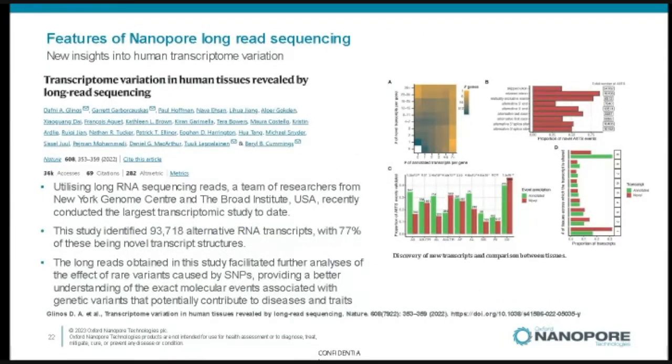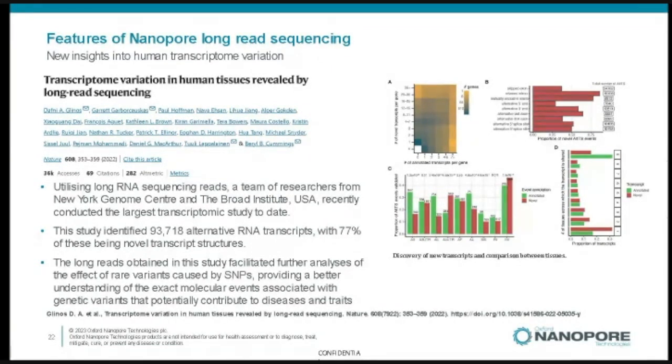So the third work, from Gleanos group, is actually a revisit to the human transcriptome. As we know, human is the most well-studied organism because it's related to us, and RNA sequencing has been done numerous times. But they are still able to discover some new things when they use Nanopore long-read sequencing.